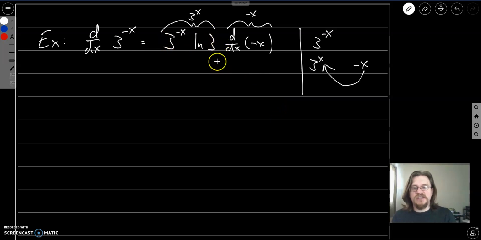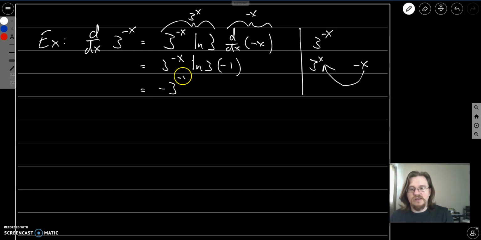So I just have the chain rule in here: 3 to the negative x times the natural log of 3. The derivative of negative x is in fact negative 1. So I might put that negative sign out front, and we'll get negative 3 to the negative x power times the natural log of 3. Okay, so there you go.